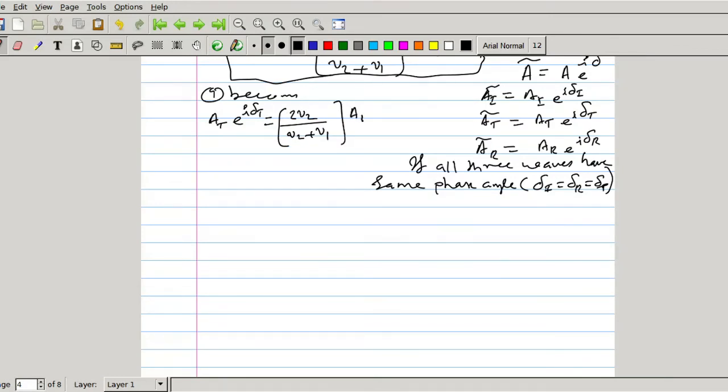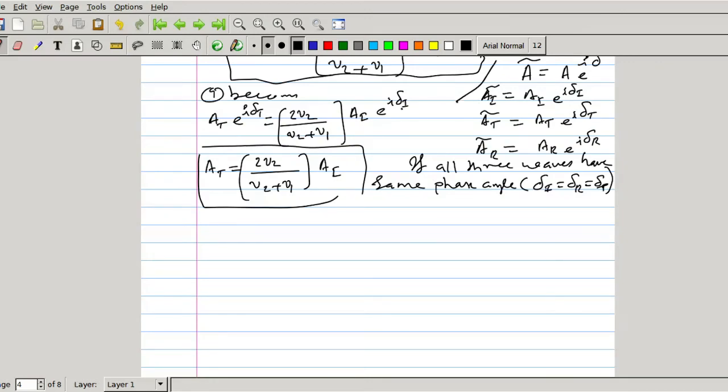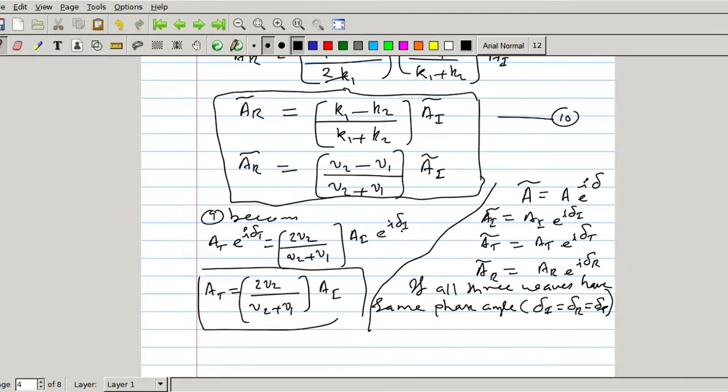A incident is AI e raised to i delta I. If this delta I and delta T are same, then we can cancel these two terms. So we will be having real amplitude as AT equal to 2 V2 by V2 plus V1 into AI. So this equation we can take as equation number 11.